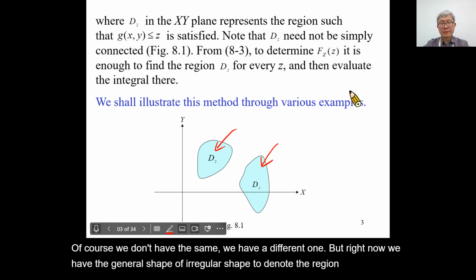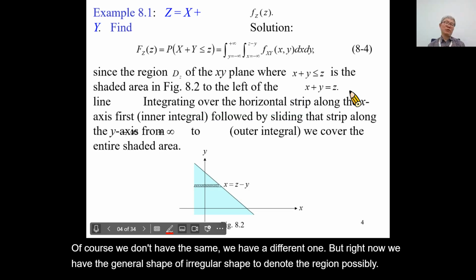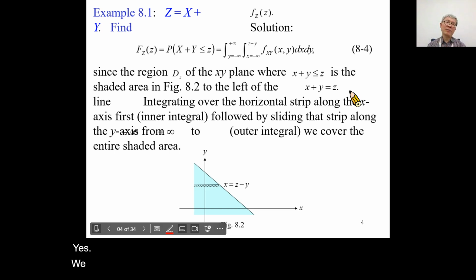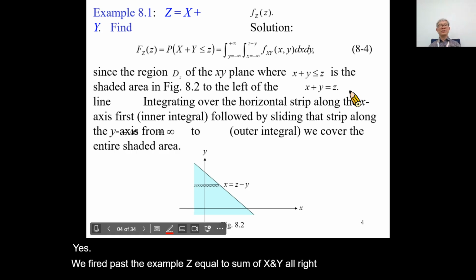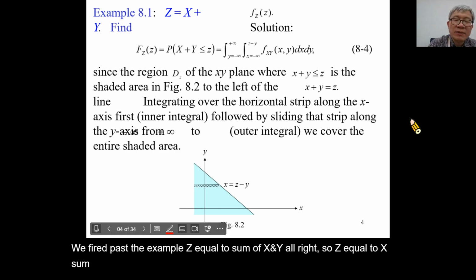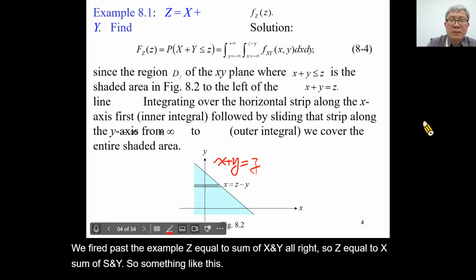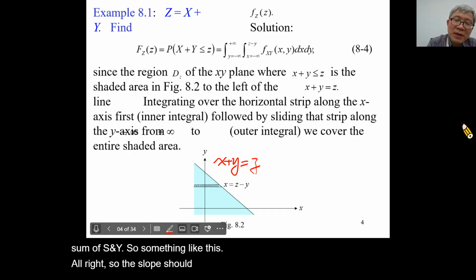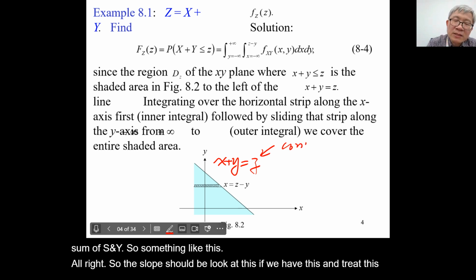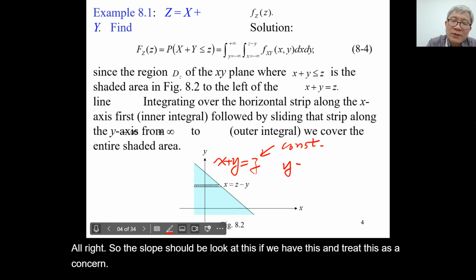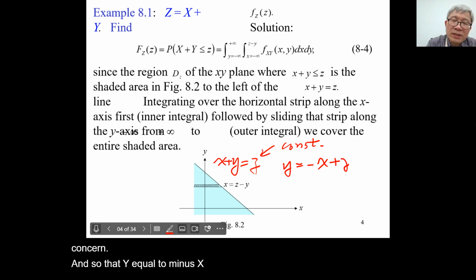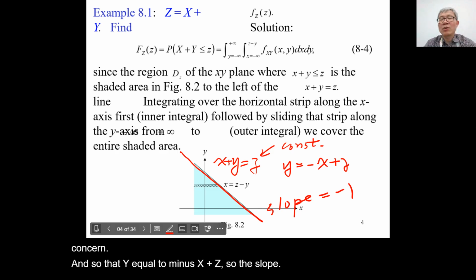Take the example Z equal to the sum of X and Y. Treating Z as a constant, Y equals minus X plus Z, so the slope is minus 1.